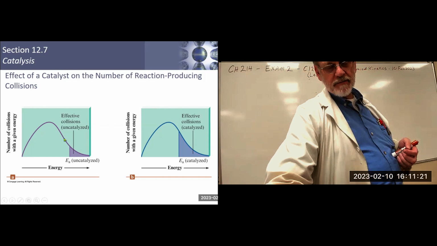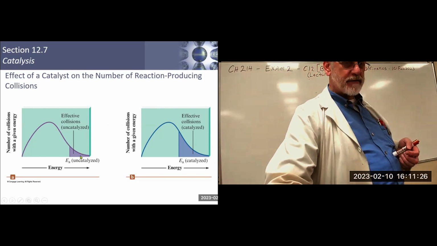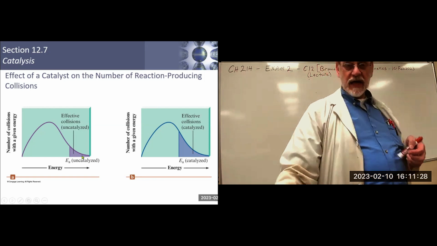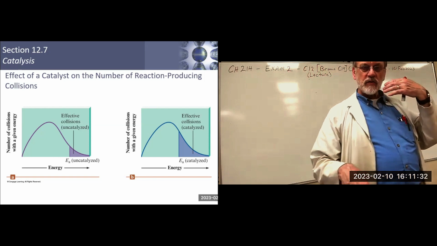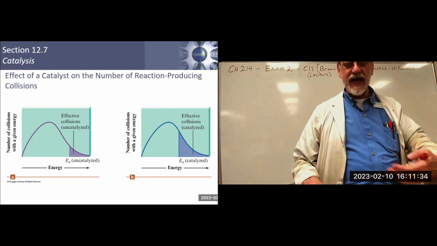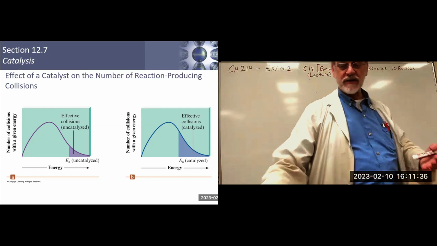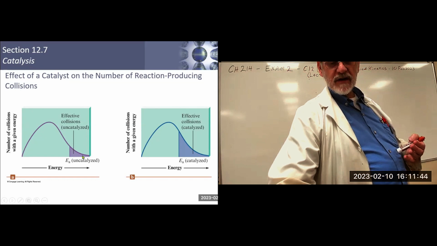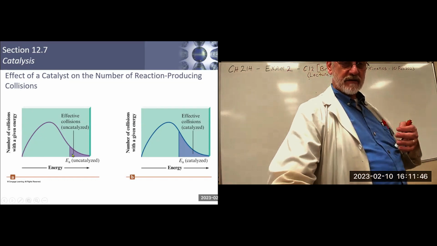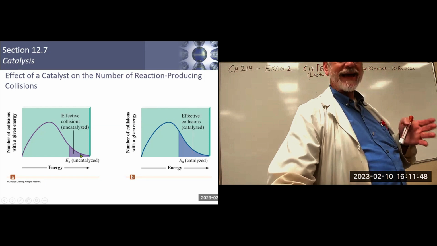Most of the reactants have energies in here, but a few of them have pretty high energy, and they have enough energy to meet or exceed the activation energy required for the reaction. The uncatalyzed reaction activation energy is here. So we have this many collisions that satisfy the condition for the activation energy uncatalyzed.